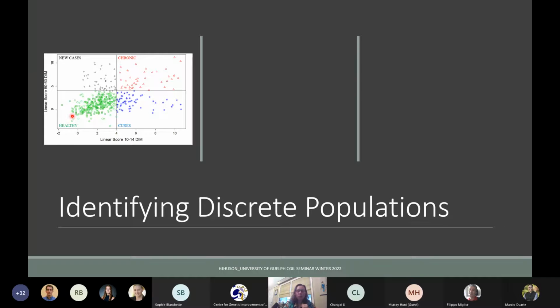So at these two time points, we have animals in this lower left quadrant that at both times had low scores, they were healthy. In this upper left-hand quadrant, we have cows that were originally healthy at the first time point, but then they elevated, so they're new cases of subclinical or clinical mastitis.